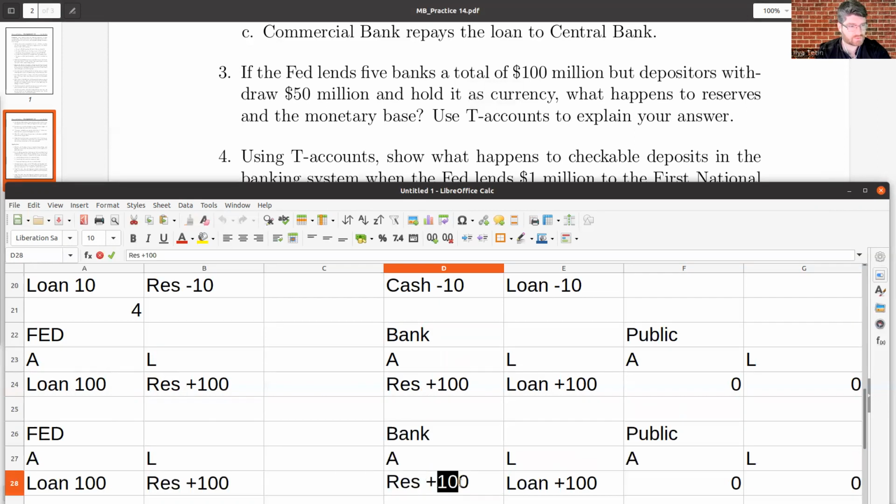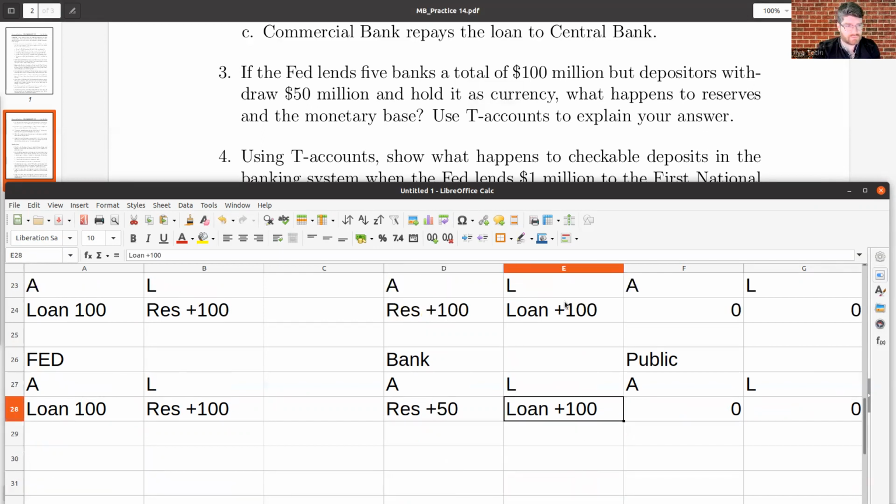The public withdraws 50 and the loans will be changed to 50. But loans were converted to checkable deposits. Checkable deposits will be what they withdrew, maybe this is minus 50.